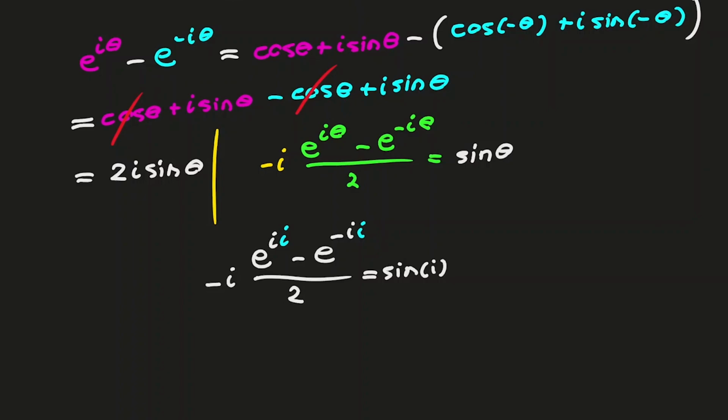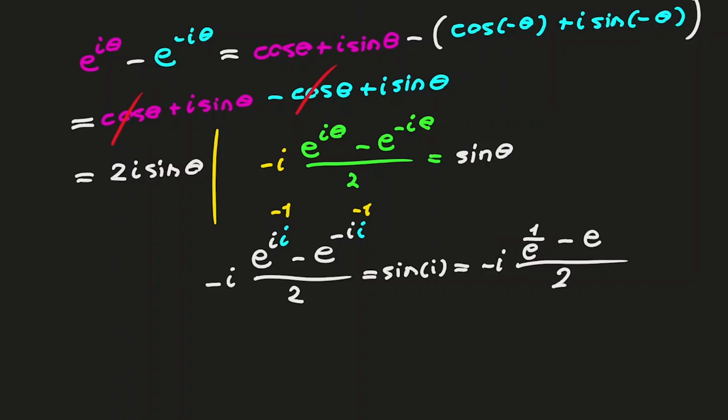Now, this is i squared, and we said earlier that i squared is minus 1. This is also i squared, and it is minus 1, but we have a minus sign in front, so overall it is plus 1. So this quantity here is minus i times 1 over e, because it is e to the minus 1, minus e to the plus 1, all divided by 2.